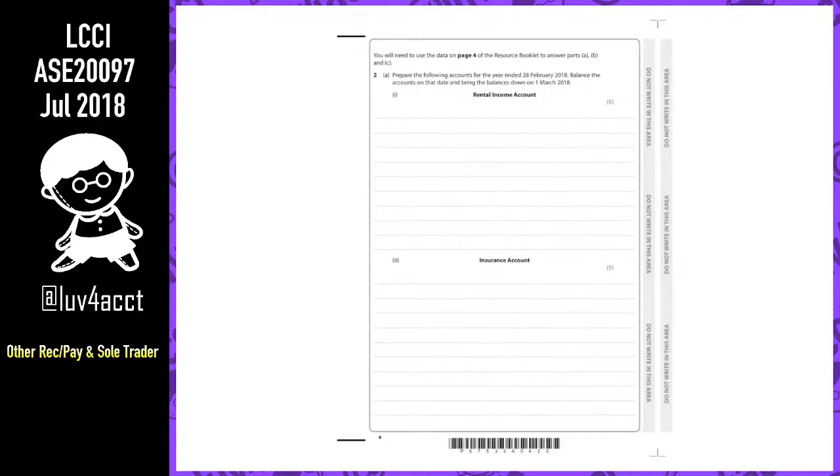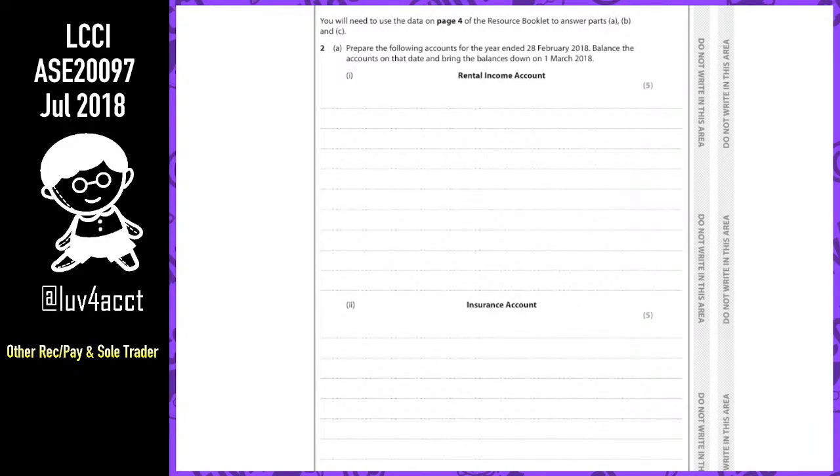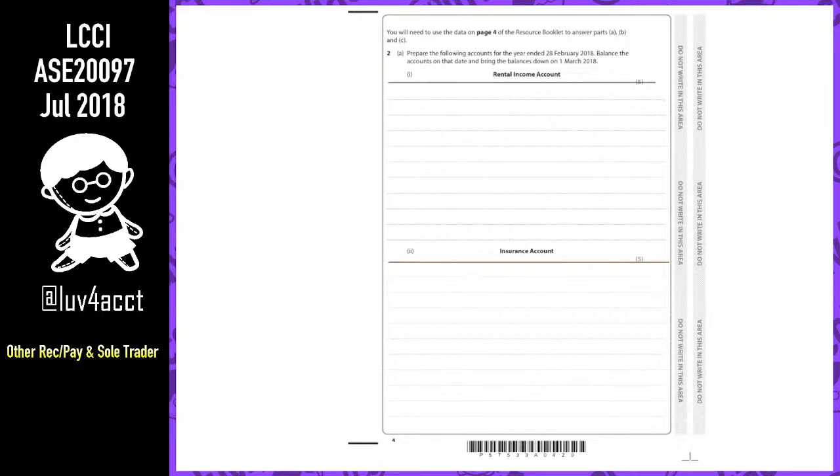Let me draw the forms, the accounts first. Of course we have to adjust for the accruals and prepayments, opening and closing balances.